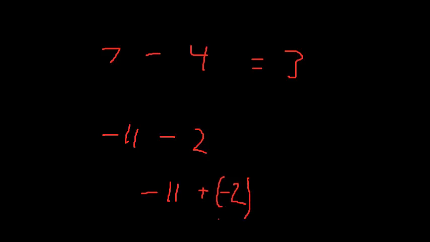Again, the same thing here as adding two numbers of the same sign. Again, we add 11 plus 2 to get 13, and then keep the sign of the two numbers, negative. So -11 minus 2 is a -13.